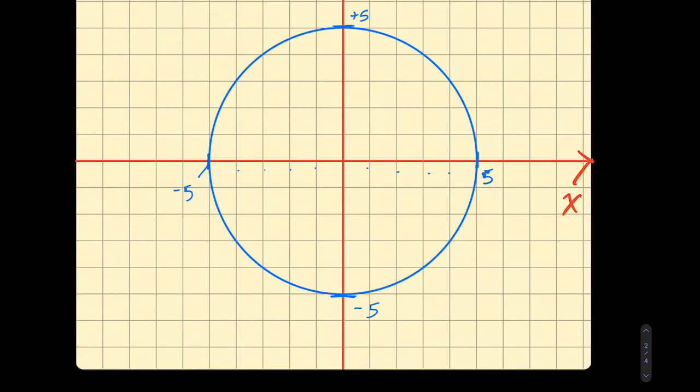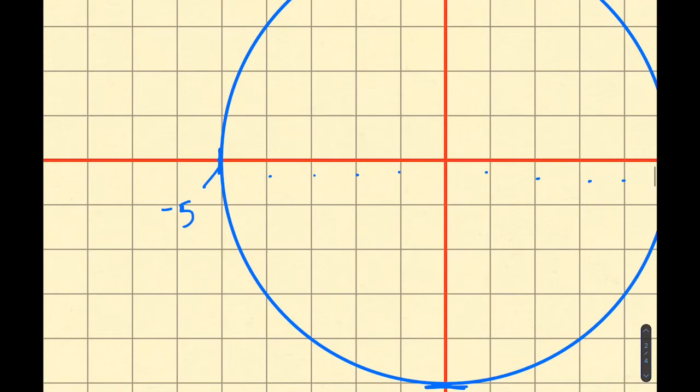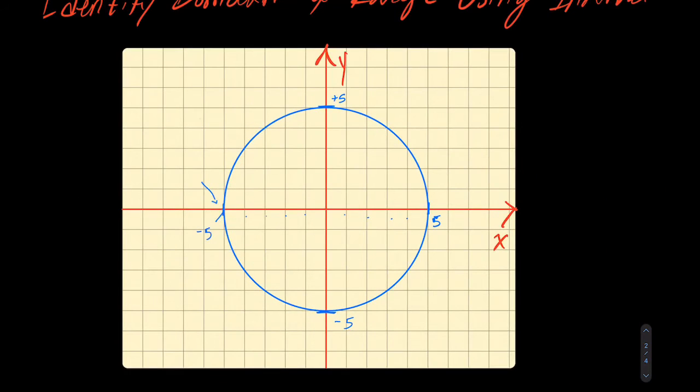We have this line here. And normally, if we don't have a circle notation like that, filled in or the open circle that we had before, and it's just like this, you can assume that the circle includes -5.